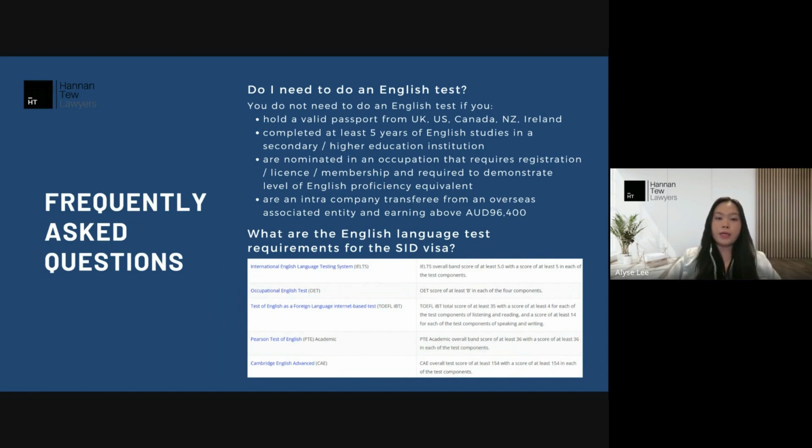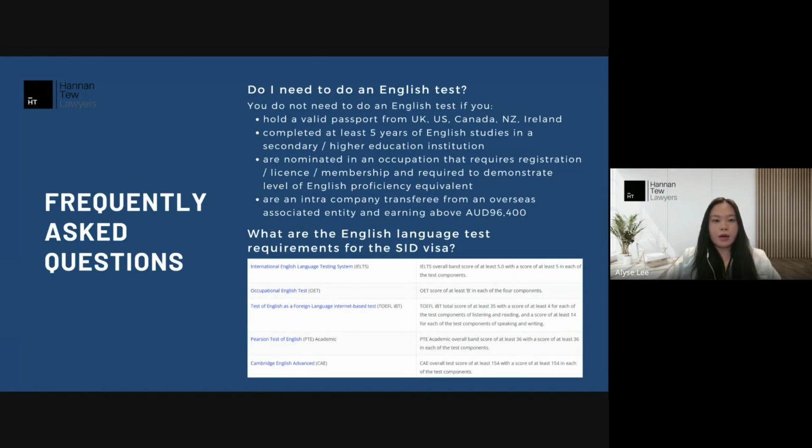If they are nominated in an occupation that requires them to obtain registration, license, or membership, and they were required to demonstrate a level of English proficiency equivalent to what's required for the SID visa, then they can use that as evidence. Lastly, if they are an intra-company transfer, transferring from an overseas associated entity to the sponsor, and they will be earning above 96,400, they can be exempt from the English language test as well.